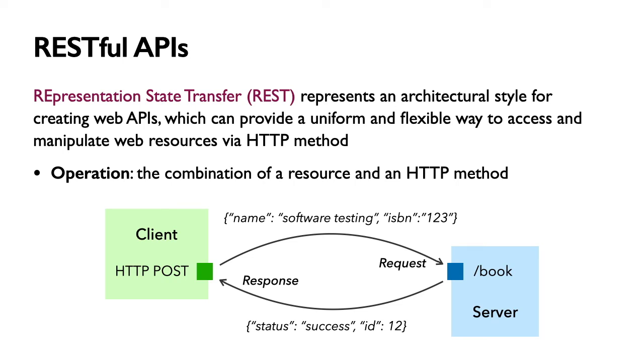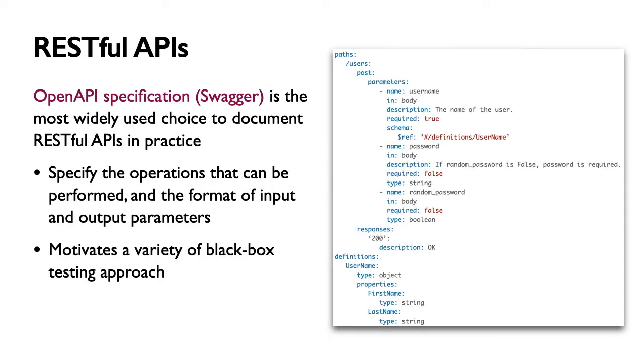Here, we refer to the combination of a resource and an HTTP method like POST book as an operation, and the client can execute the operation by sending an HTTP request with appropriate input parameter values. Currently, the Swagger or OpenAPI specification is the most popular choice for web developers to document RESTful APIs.